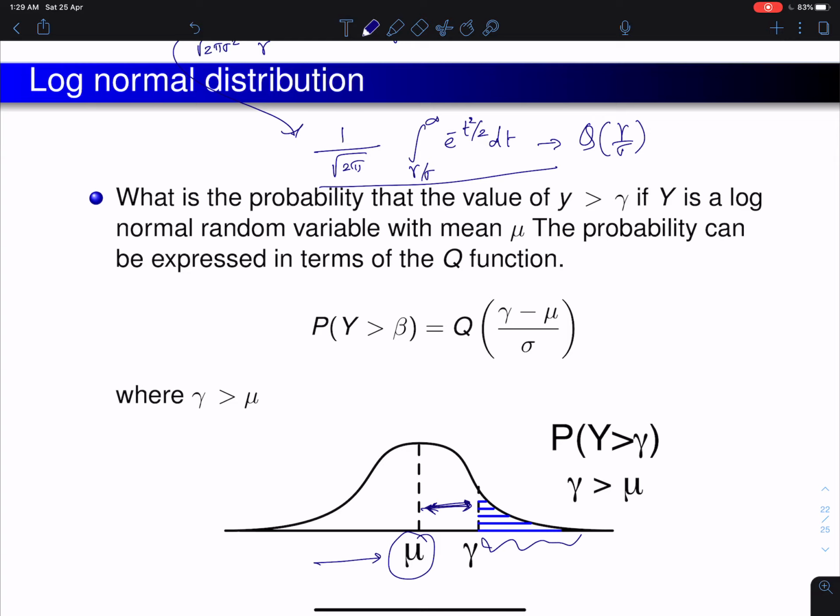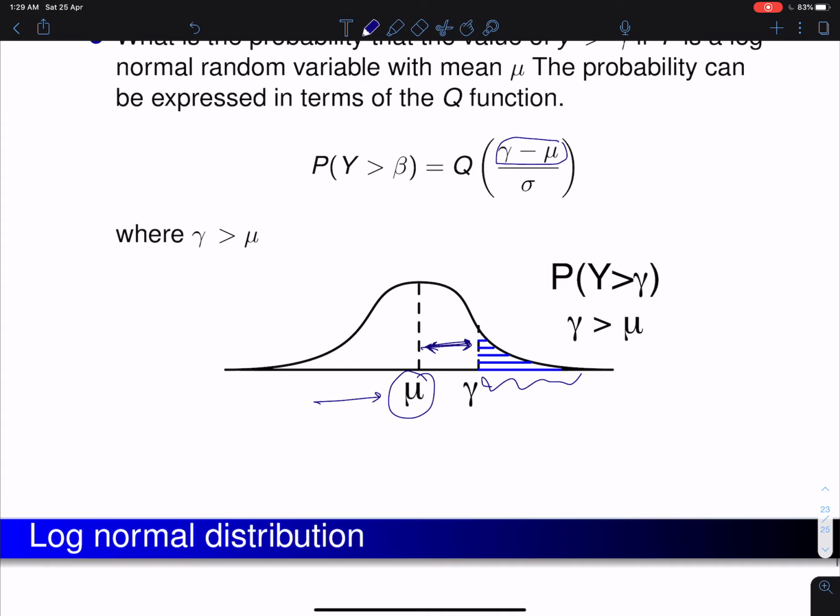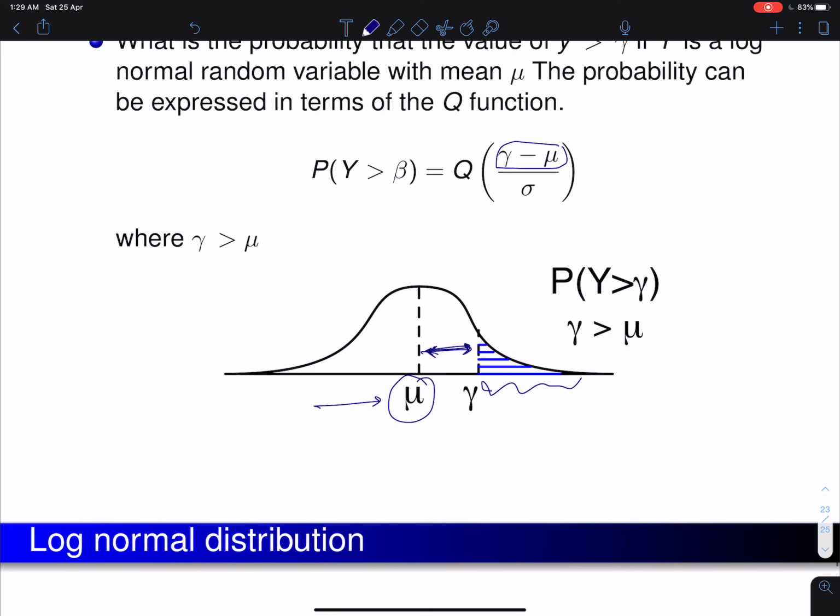So here the answer will simply be Q of gamma minus mu by sigma. If I give you this Gaussian random variable with a finite mean, then you'll have to evaluate this integral: 1 by root of 2 pi sigma square integral gamma to infinity e power minus of x minus mu the whole square by 2 sigma square dx.